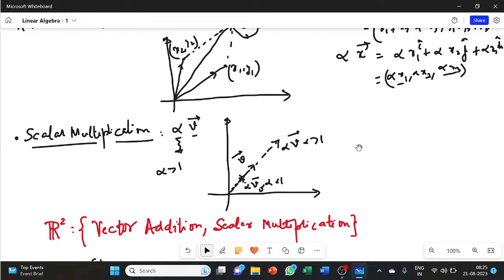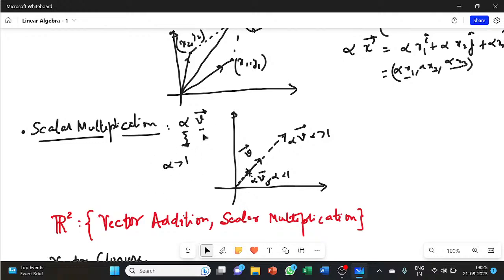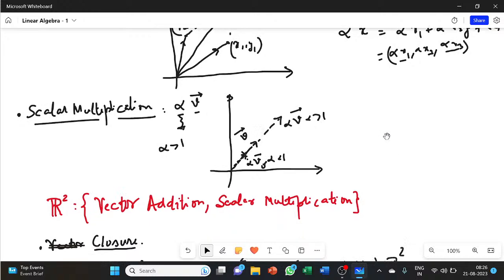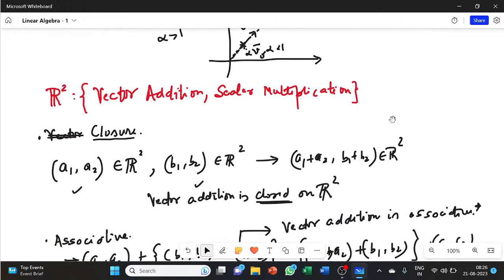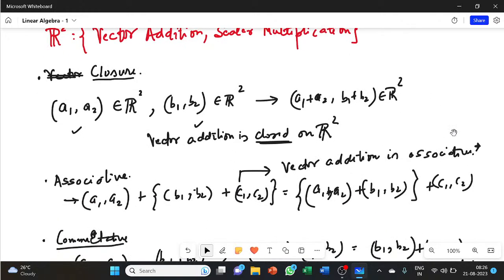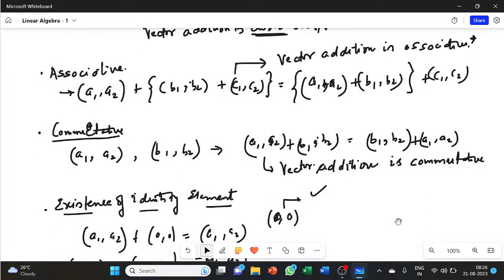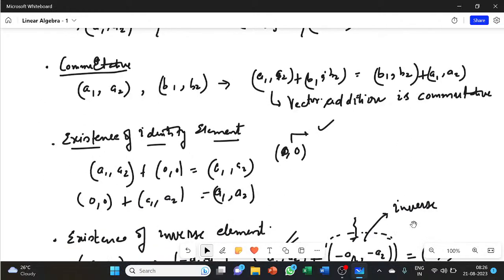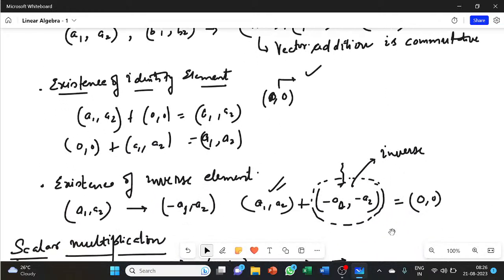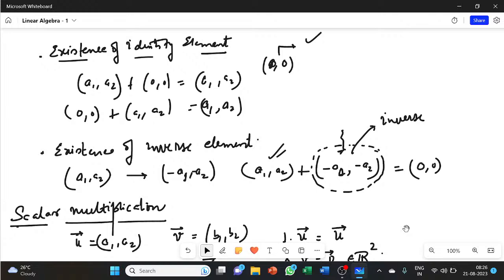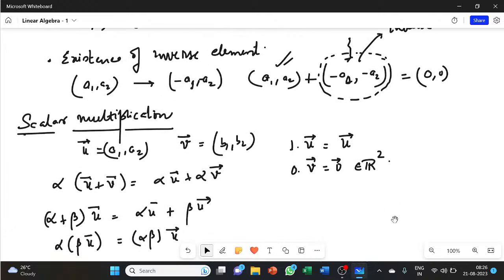After doing that, you know how a scalar multiplication can be executed. Also you know what all different properties you can think of in case of vector addition. That is, closure is the first, the second is associativity, the third is commutativity, the fourth one is the existence of identity element, the fifth one is the existence of inverse element, and with regards to scalar multiplication, you can think of all these different properties.